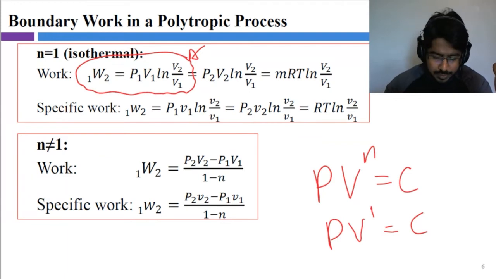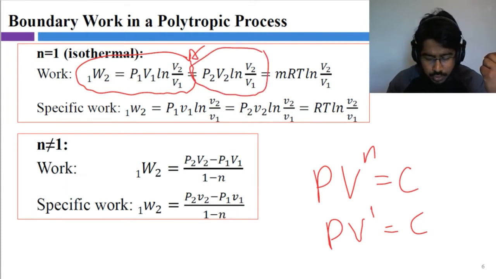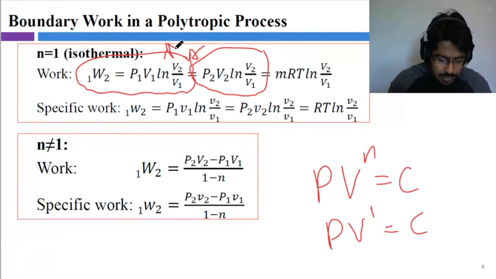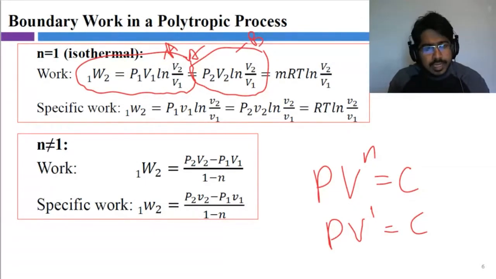So why do we have two expressions here? P1 V1 ln V2 over V1 and P2 V2 ln V2 over V1. If we calculate these two expressions, let's say expression A and expression B, for an isothermal process, are they going to be similar or different?